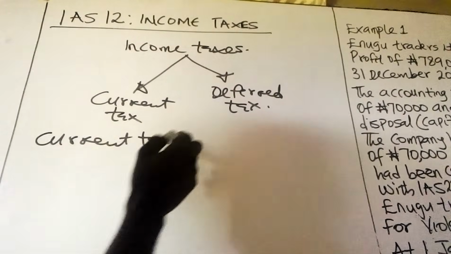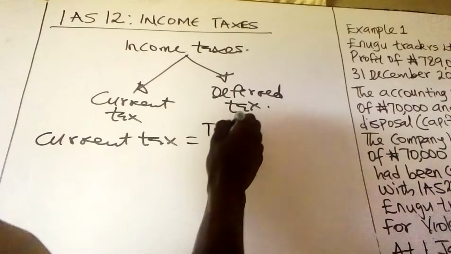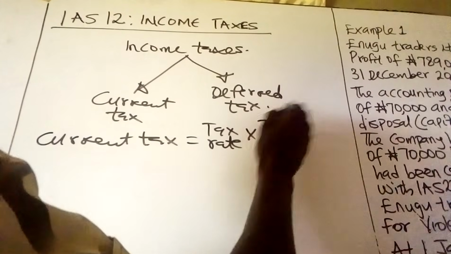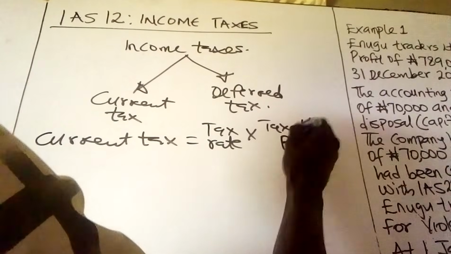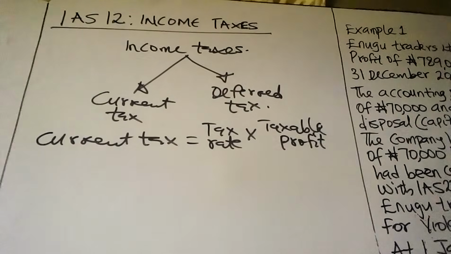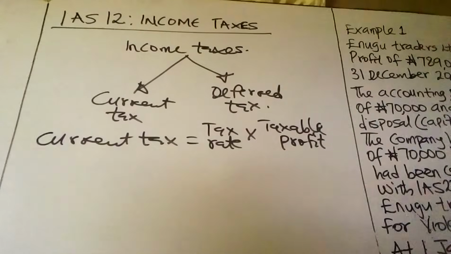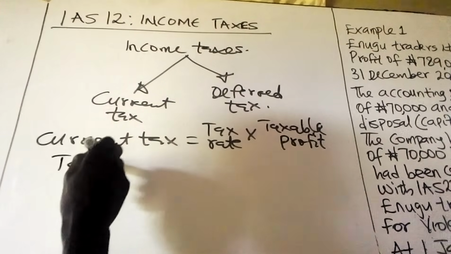To calculate your current tax, you multiply the tax rate by the taxable profit. Tax rate times taxable profit will give us the current tax.